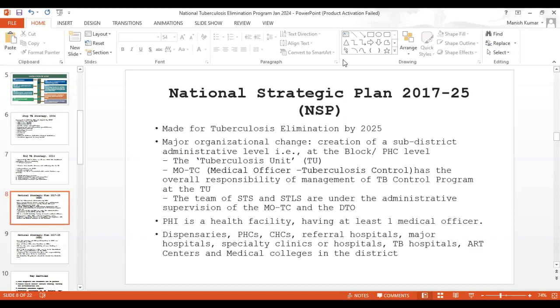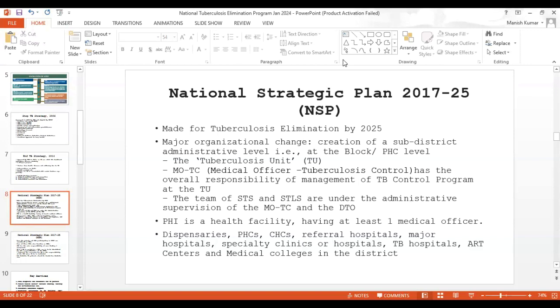you will see there is a STO at the state level and a DTO, which is the District Tuberculosis Officer, at the district level. Now under this strategic plan, they have gone one step down, to what is called the tuberculosis unit. This is something existing at a block or PHC level. Previously the DTO was in charge of the whole district, and below that no one was designated for TB.